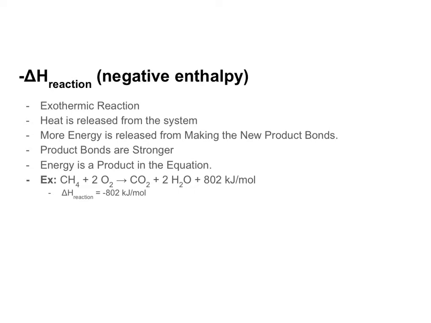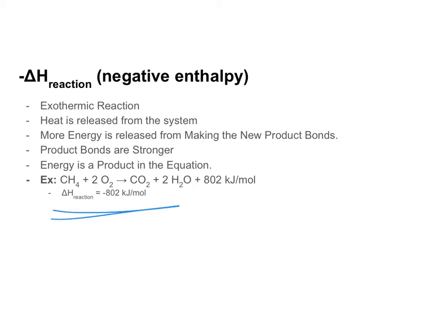So in the case of methane, CH4, being burnt in the presence of oxygen, we produce some carbon dioxide and we produce some water, and we produce a lot of energy. In this case, 802 kilojoules per mole of energy. The actual enthalpy value is negative 802 kilojoules, as referenced here.